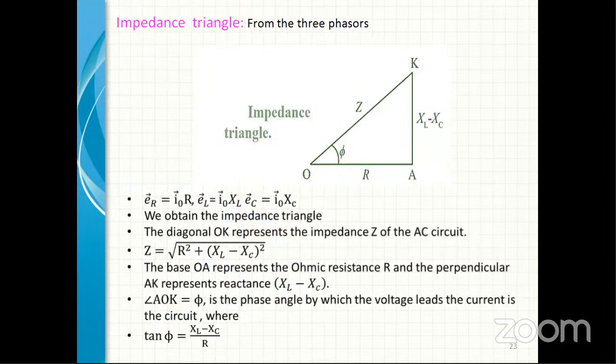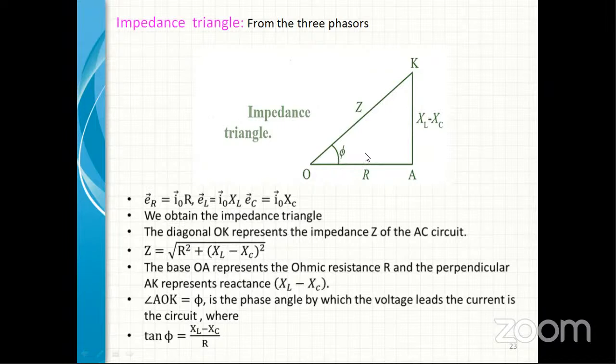Now see the impedance triangle from three phasors. See, this is the impedance triangle. From this diagram, we know this OA is equal to R, and the hypotenuse is Z, the resultant resistance offered by the resistor, inductor and capacitor, and this AK is equal to XL minus XC. We obtain the impedance triangle as shown in the diagram.